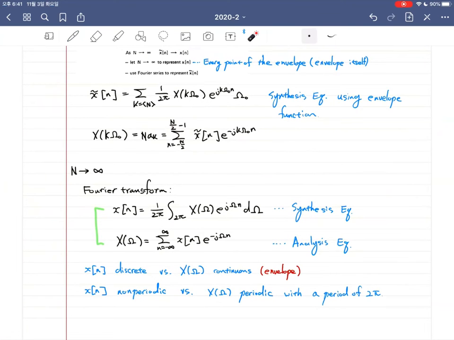So even though xn is non-periodic, this Fourier transform of xn is periodic with period 2 pi. These two properties you should remember for the Fourier transform of discrete time.